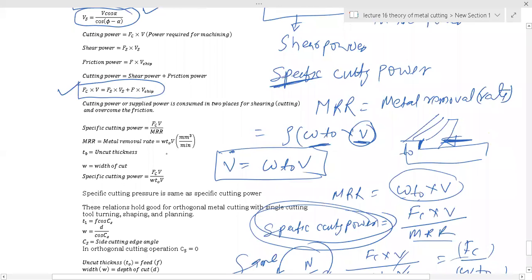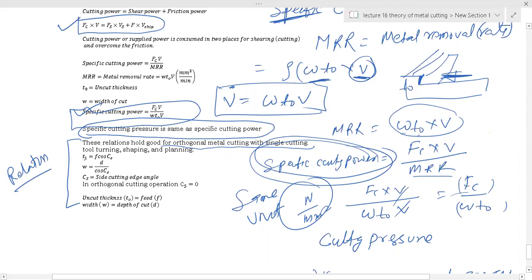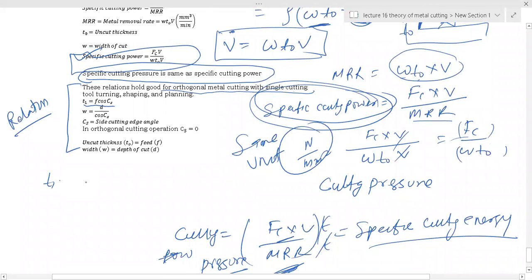Now some important points. Specific cutting pressure is the same as specific cutting energy. This relation holds good for orthogonal metal cutting with a single point cutting tool.